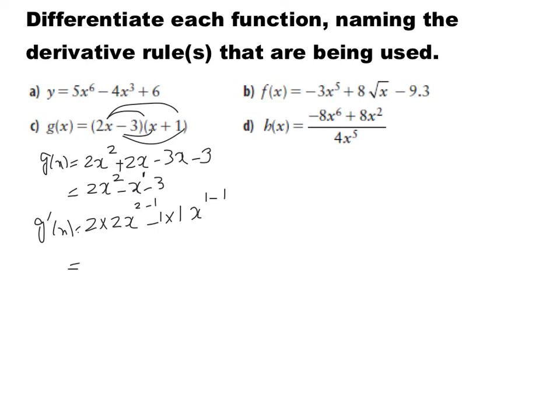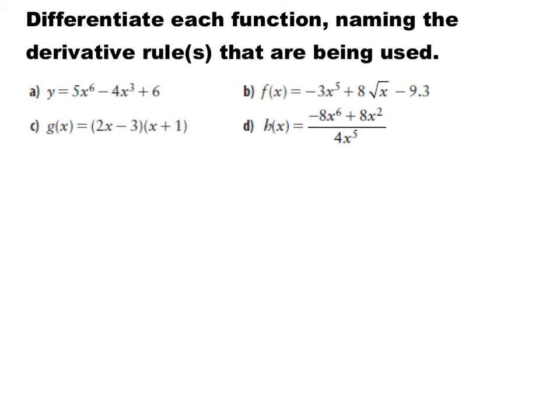Now 2 times 2 is 4, so 4x, 2 minus 1 is 1. Now minus 1, 1 minus 1 is 0, x exponent 0 is 1, so negative 1 times 1 is going to give me negative 1, so 4x minus 1.